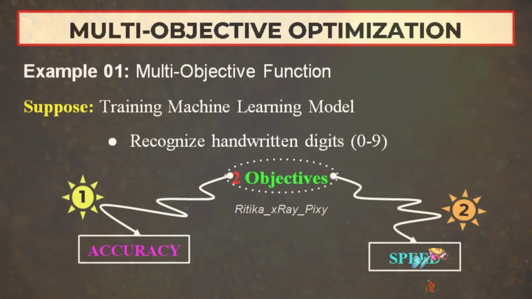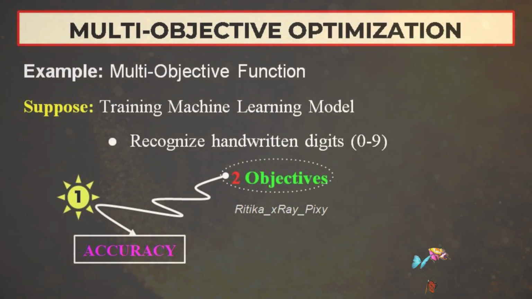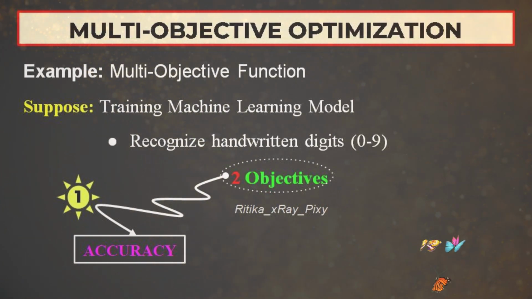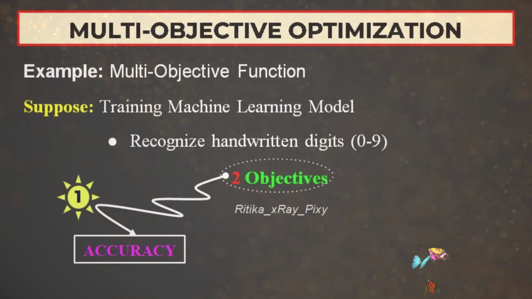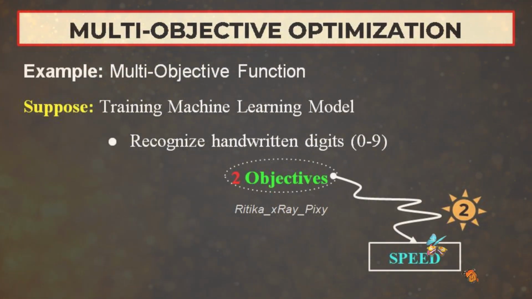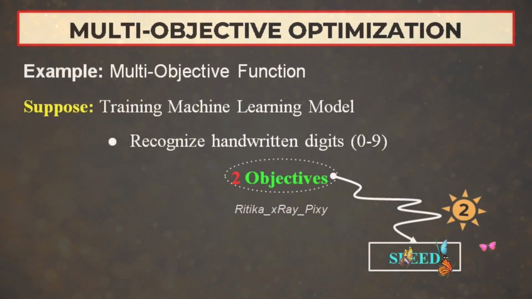So we have here two main objectives to be optimized, that is speed and accuracy rate. For first one we have accuracy. For this, model should accurately recognize as many digits as possible. And second objective, here we have the model prediction should be fast and efficient.